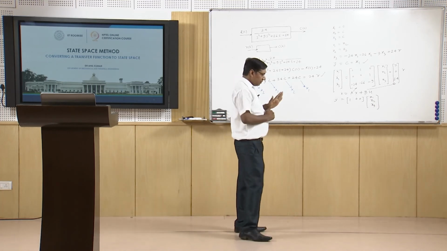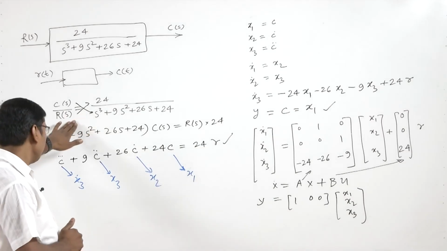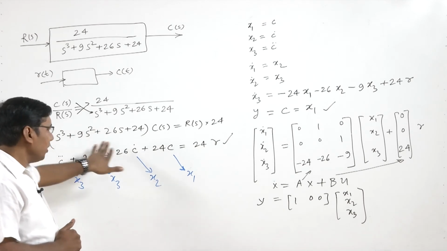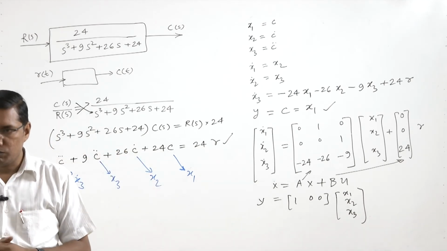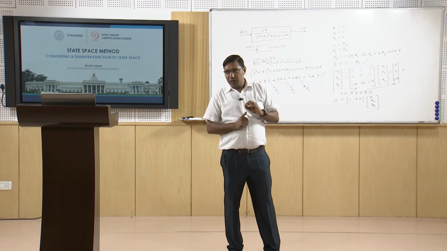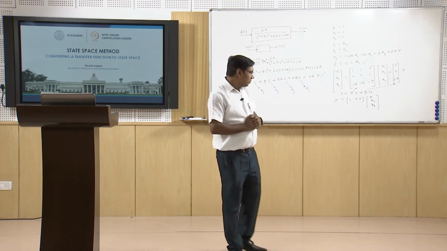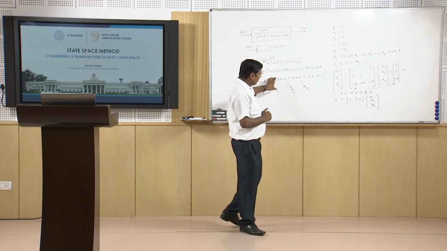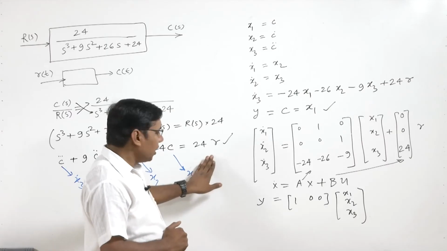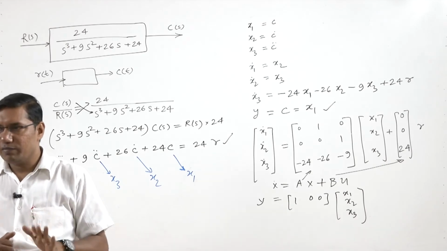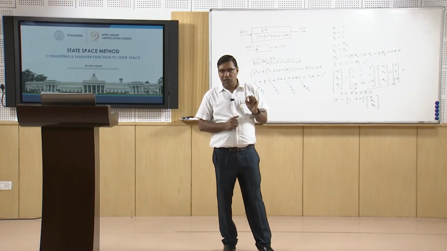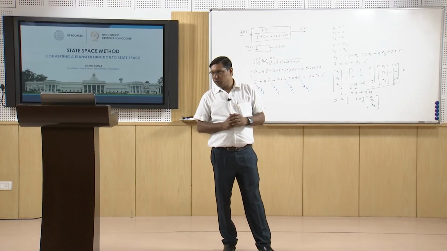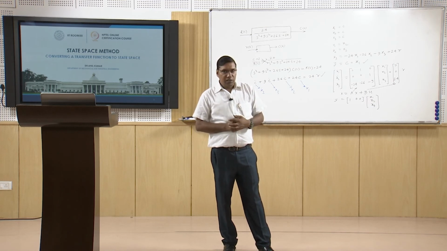With cross multiplying, we take this equation and we take the inverse Laplace transform with all the initial conditions 0, and then we get the differential equation. Then we select the state variables. So the first state variable is the output. We select the output as the state variable.